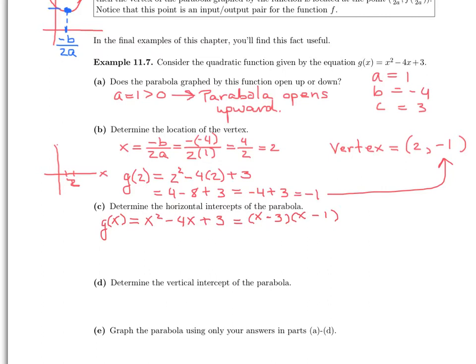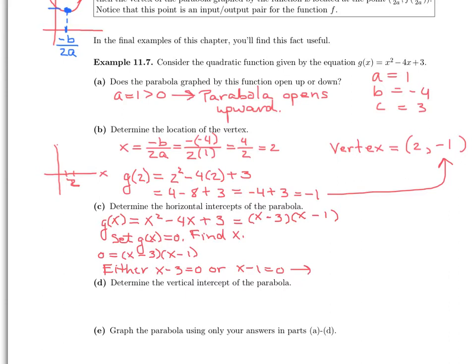Okay, now to find horizontal intercepts, we set our output, g of x, equal to 0, and we have to find x. So we set x minus 3 times x minus 1 equal to 0. And we use the zero product property. From here we know that either x minus 3 must be 0 or x minus 1 must be 0. One of those must be true.